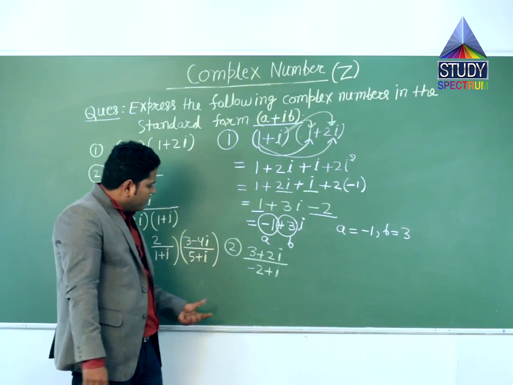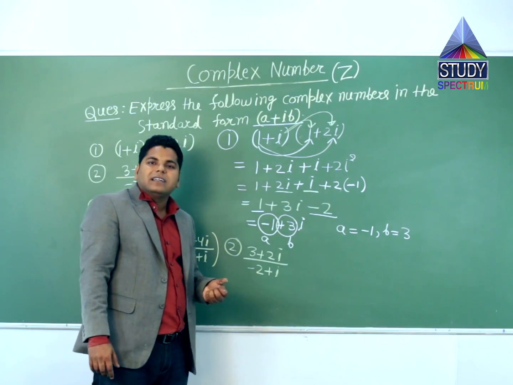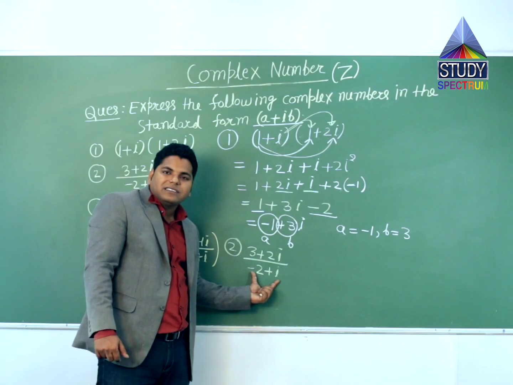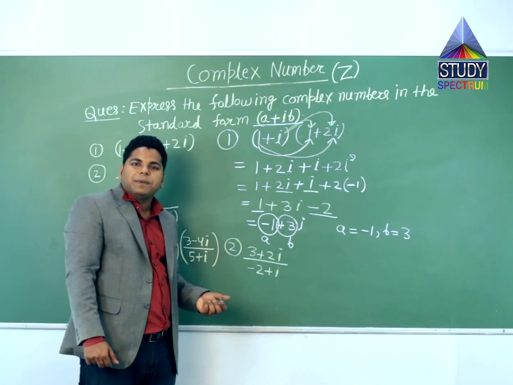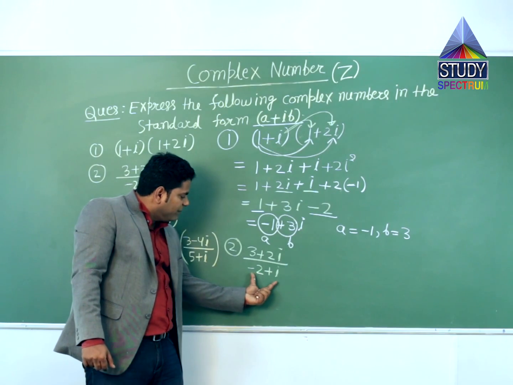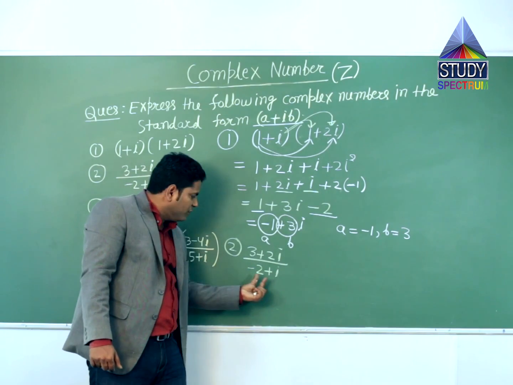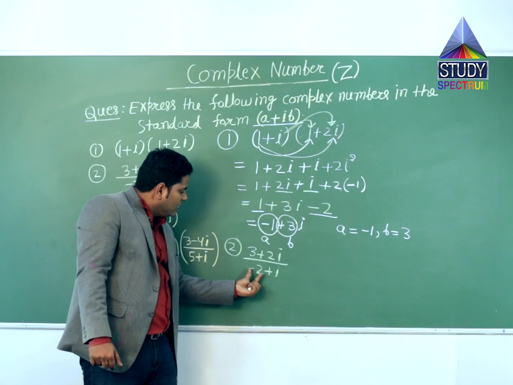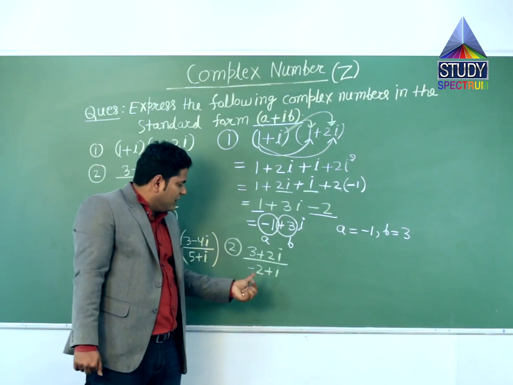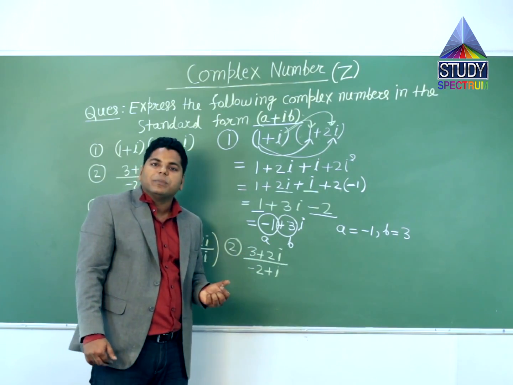So we have to make this denominator a rational number. So to make the denominator a rational number, we have to multiply the denominator and numerator by changing the sign between the real number and the imaginary number. So we'll change the sign between this and this. Here it is plus, so we'll multiply with minus 2 minus i in the numerator and denominator.